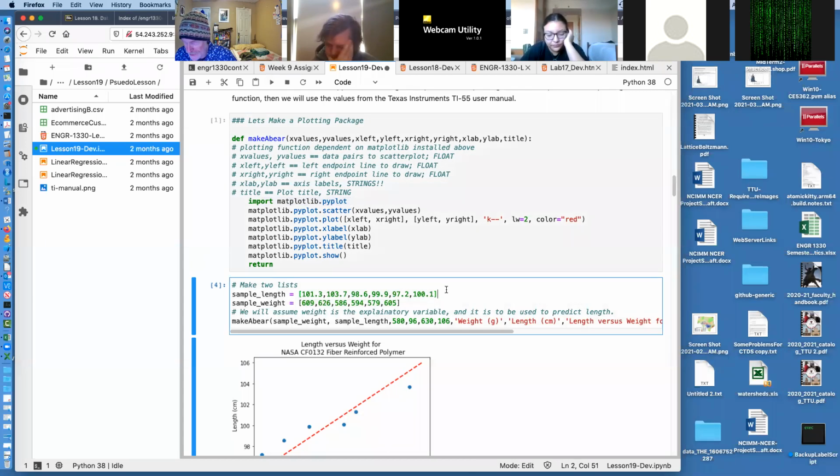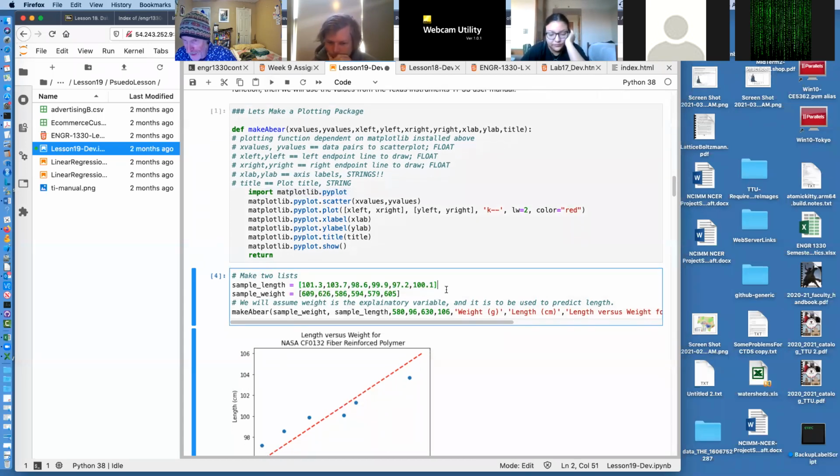And now we'll actually do the Texas Instrument 55 example. In that particular example, they were looking at fiber reinforced polymer. Those were numbers from NASA. And what they had discovered was that the length of a fiber and its weight were related.